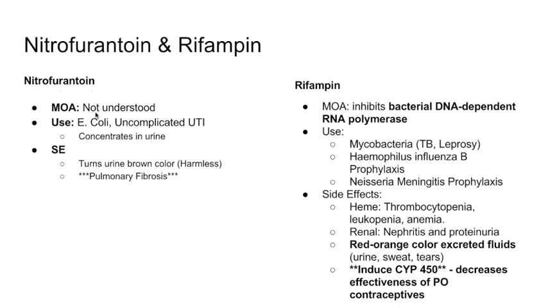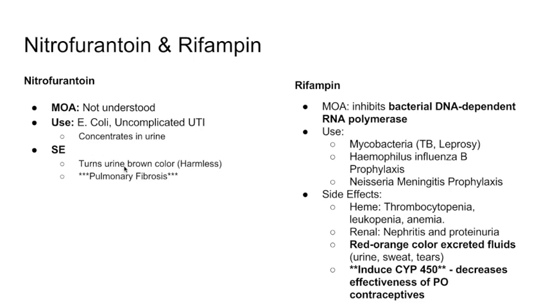We actually don't really know how it works, so you're not expected to know anything about its mechanism. What you are expected to know is its uses. So it's used for E. coli and uncomplicated UTI because it actually concentrates in the urine, so it's pretty good for E. coli coverage. Side effects for nitrofurantoin are high yield as well.